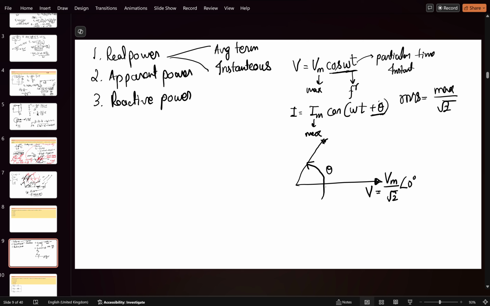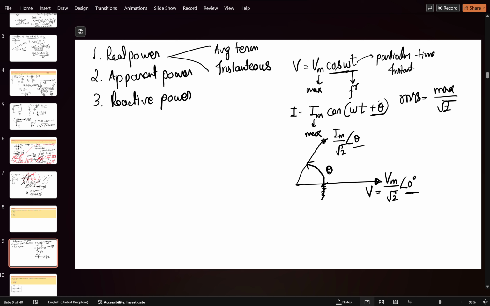I'm not taking the reference from here. It is leading with respect to voltage, so this is the theta value at which it is leading. And the magnitude will be Im by root 2 angle theta. So if you're taking the voltage as a reference, the current is leading by theta degree.